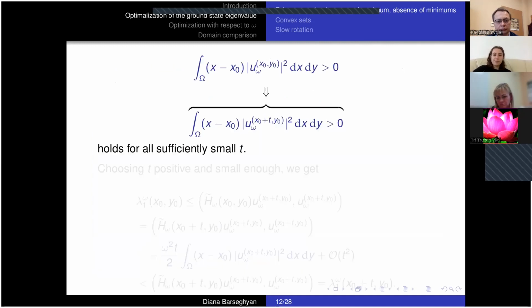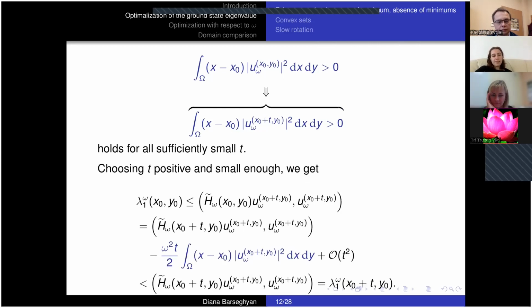So next, please. Now we are going to prove the opposite inequality. We supposed before that this integral is positive. Now, using the perturbation theory again, one can prove that if you add some sufficiently small t, then the second integral, given in the second line, should also be positive.